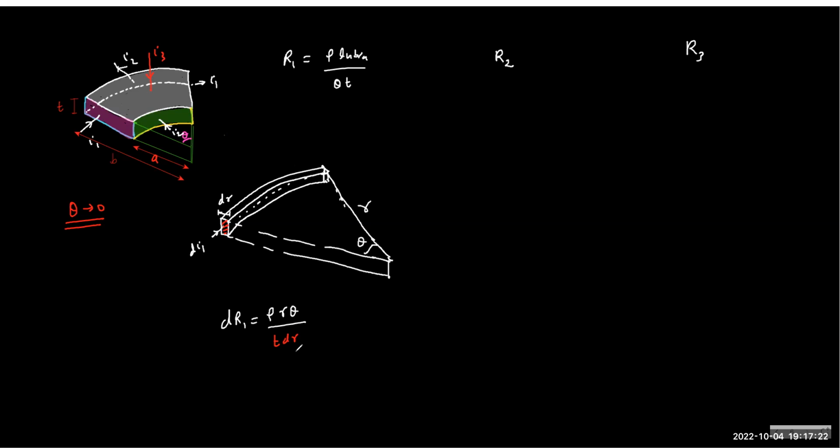And you can see such elementary, if you go from innermost to the outermost, all elementary will be in parallel. Do you realize this? Because they have the same terminal. So therefore, we can say 1 by R equivalent equals to the sum. And anyway, because dr is in the denominator, we have to make it like this.